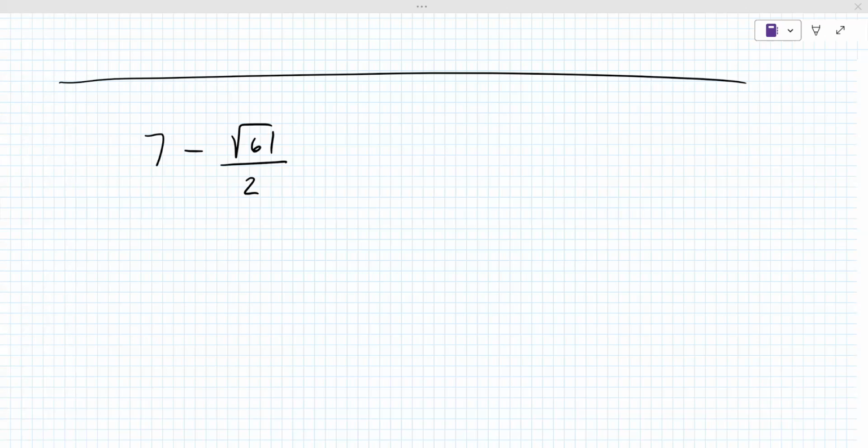And then square root of 61, 7.8 divided by 2 is, 7 minus.